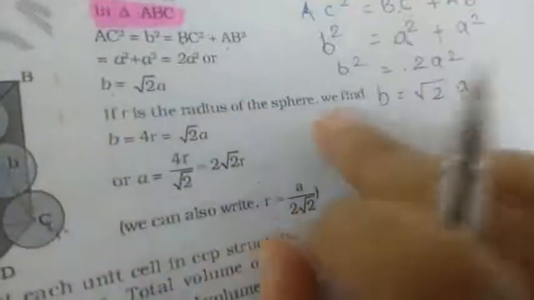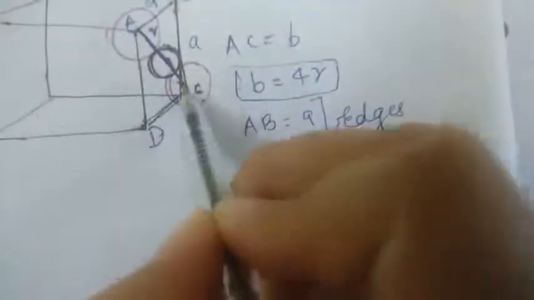Now if R is the radius of the sphere, as I already told you, then I explained earlier that B is equal to 4R. How? 1R, 2, 3, 4R.